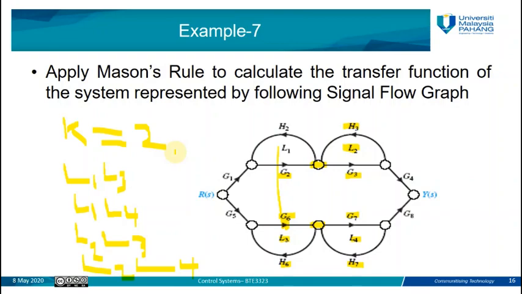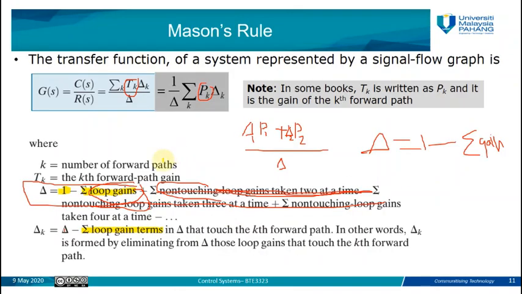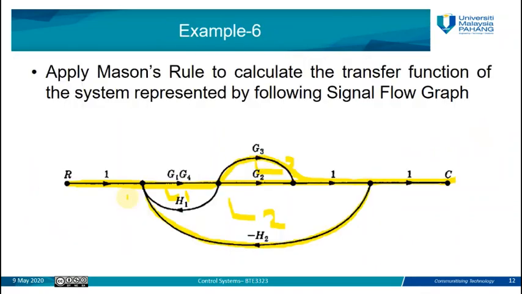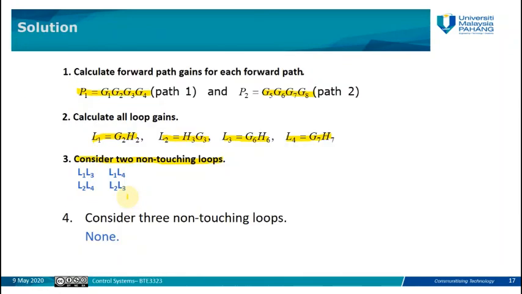Okay, so we have pairs of loops non-touching with each other. In this case, the term in the formula of delta, which is the non-touching loop gain taking 2 at a time, is there. So this term will be included in the formula for calculating delta in this example, since we have 2 non-touching loops: L1, L3; L1, L4; L2, L3; and L2, L4. And we need to know the gain of L1, L3.